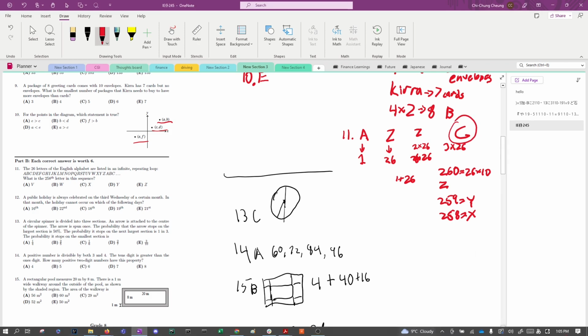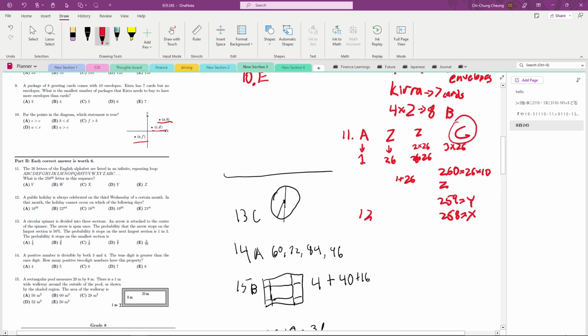12. This public holiday question was seen in the grade 7 exam. I'll just show again. The idea was what could possibly prevent a third Wednesday from being in a month, and that's if it's out of the possible range of values.